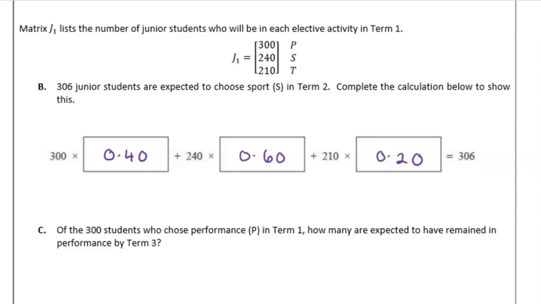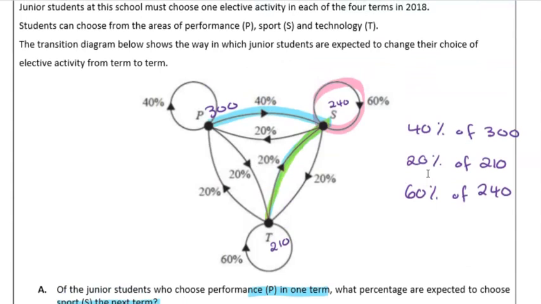Part C: of the 300 students who chose performance in term 1, how many are expected to have remained in performance by term 3? Again, if we quickly refer back to our diagram, what we're asking is: of this 300, who is going to remain? After one term, from term 1 to term 2, 40% of 300 will remain, and 40% of 300 is 120.